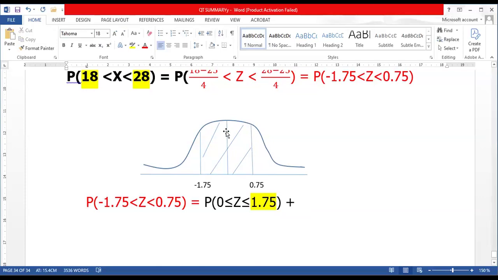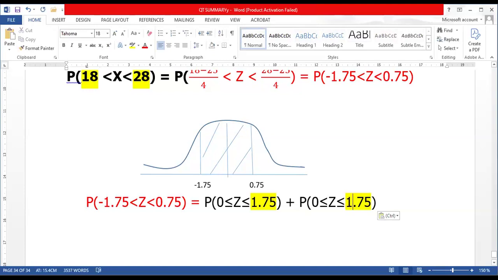Whenever you want the region from this line to a point where it ends, not to infinity, you get that from the table. Here it's not from here to infinity. From here to infinity is 0.5, but you need from here to 0.75. The only way you can get that probability is to use the table.